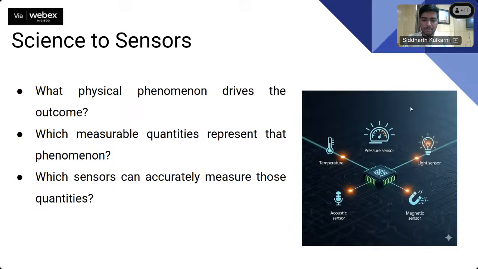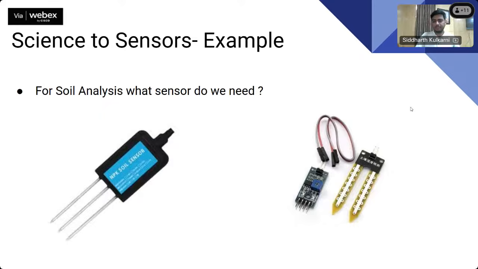So based upon your requirements, you might need multiple sensors to measure a particular physical phenomenon better. In this scenario, I tried to explain the conditions to measure the environmental viability of a polyhouse. That is just an example; you can have other examples as well. This is basically a reiteration of the same example: what would be better for soil analysis, an NPK sensor or a soil moisture sensor?